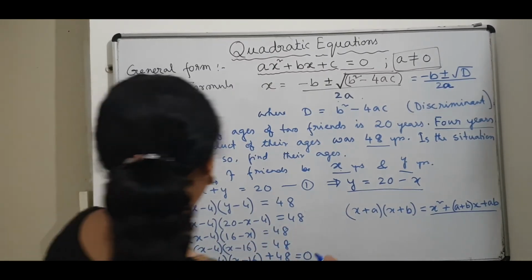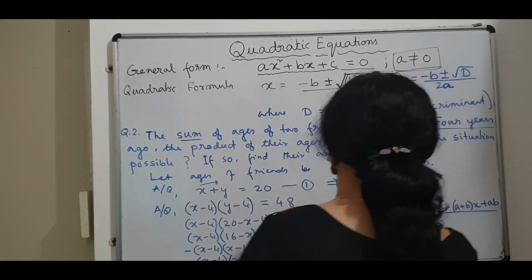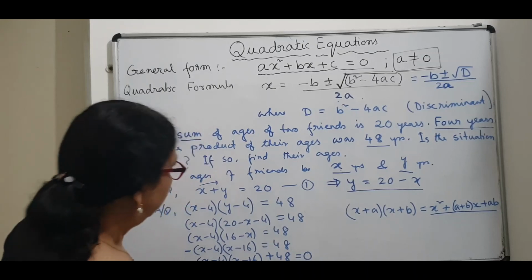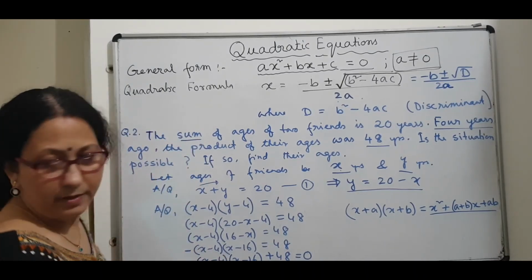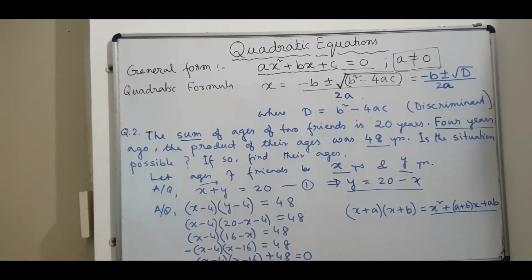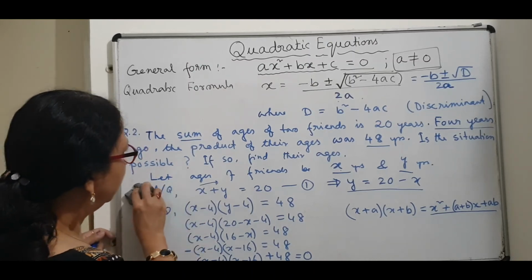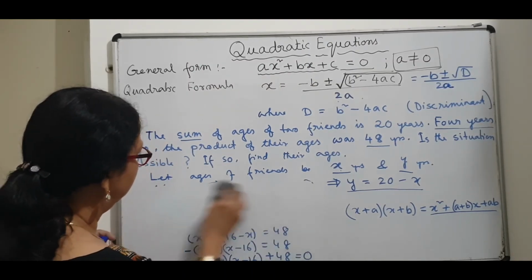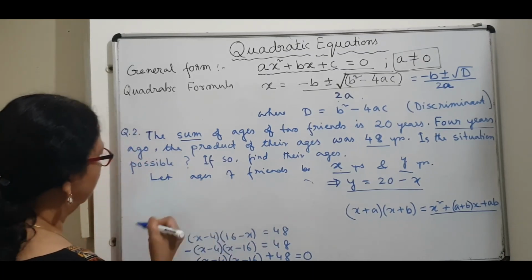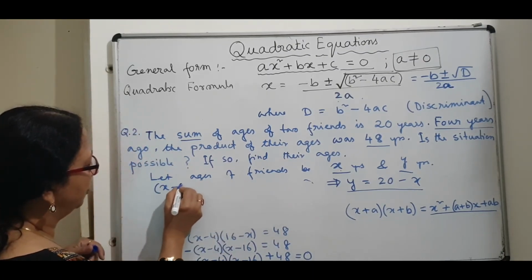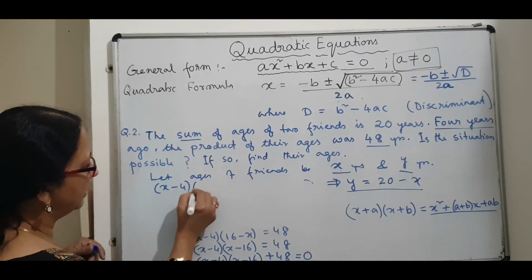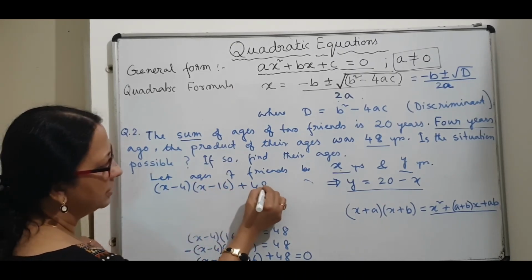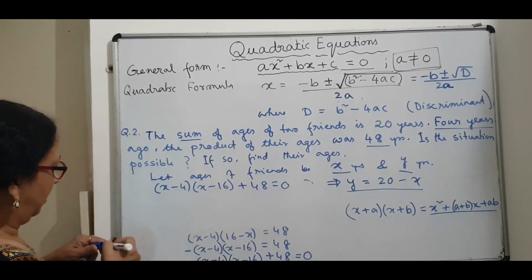Now I can use this identity. Let me write here: (x minus 4)(x minus 16) plus 48 is equal to 0.